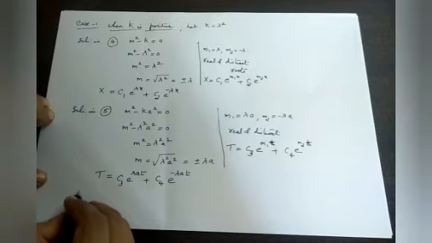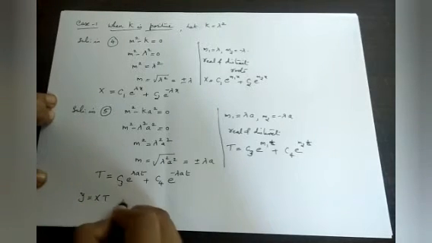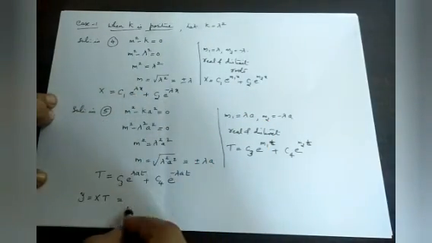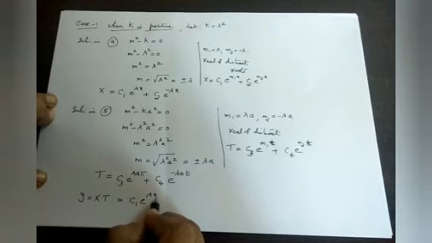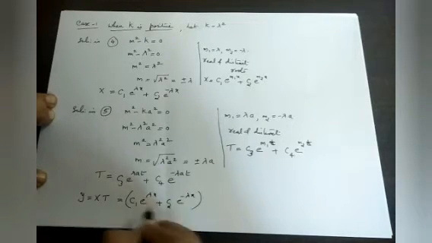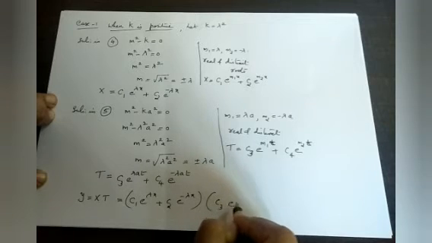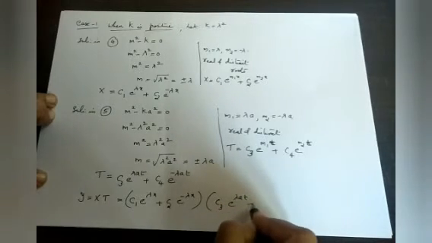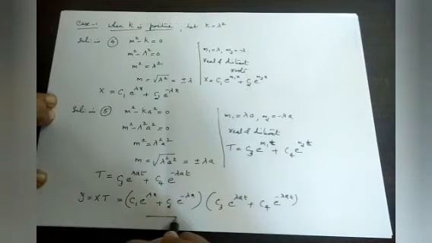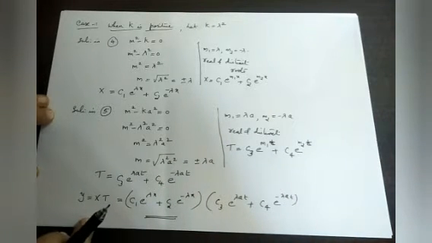Therefore, the final solution, y equal to x t, we can write c1 e raised to lambda x plus c2 e raised to minus lambda x into c3 e raised to lambda a t plus c4 e raised to minus lambda a t. This is one of the solutions when k is positive.